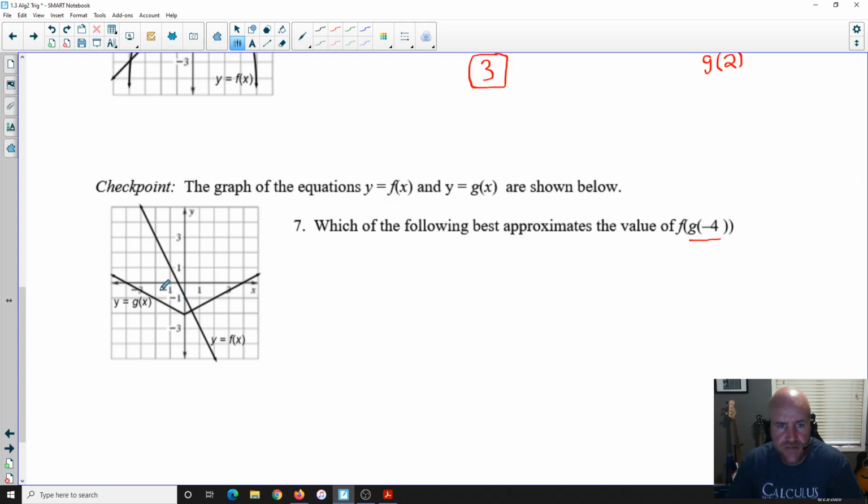So g of x evaluated at -4. It looks like it crosses right there. So the y value for this is 0. Oops, I got that backwards. F. So now f of 0, we go to 0 and see where it hits the line. It looks to be about -1.